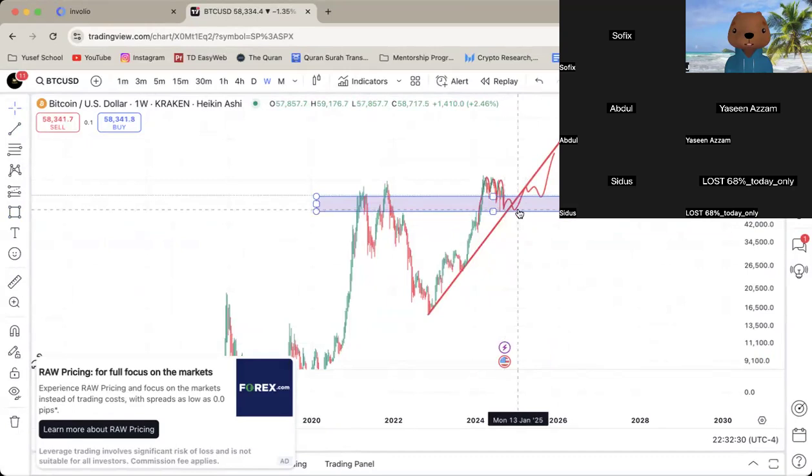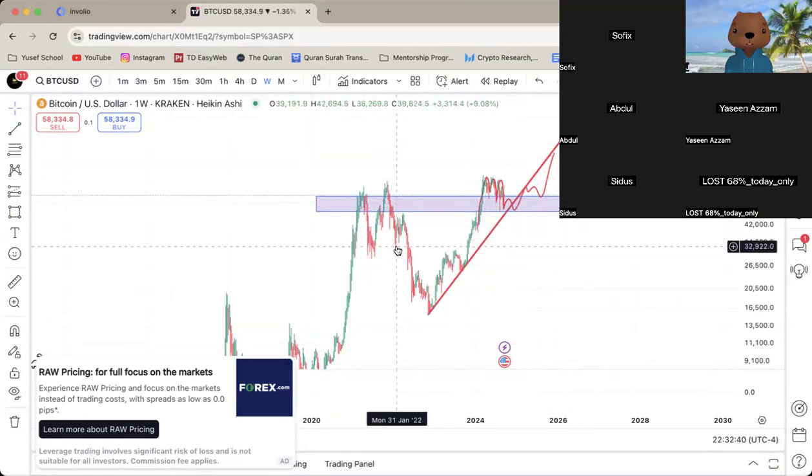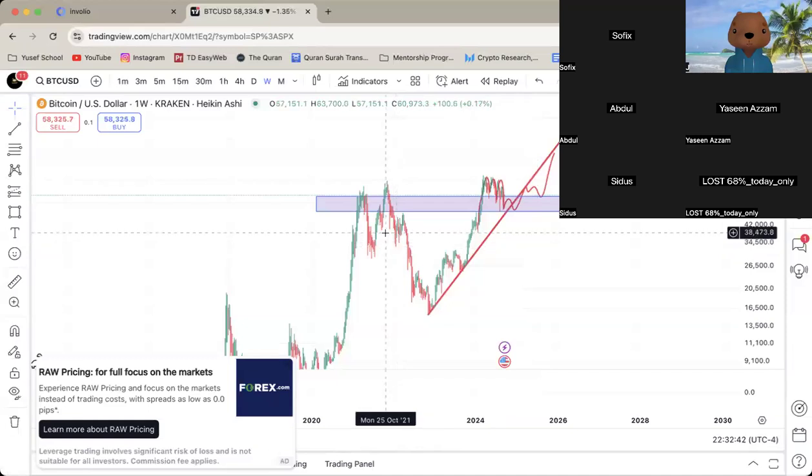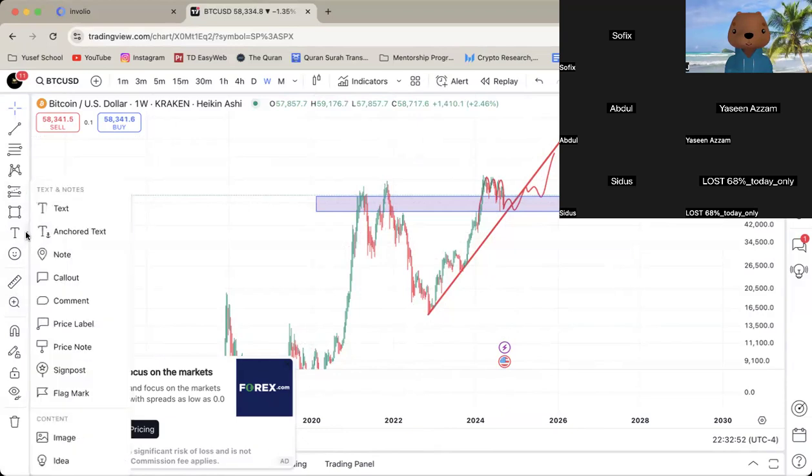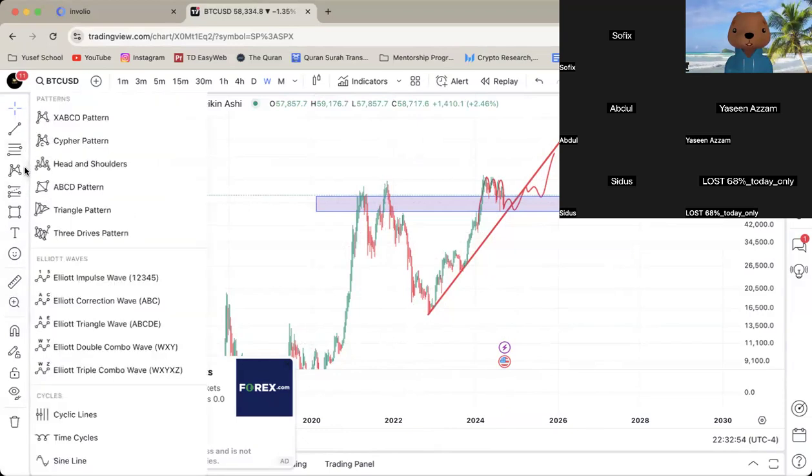This is just one idea, but I think my intuition came up with it because I've trained myself to look at this pair so many times on a lower time frame. So what does that mean? That means if you want to be good at charting something, you have to do daily analysis.